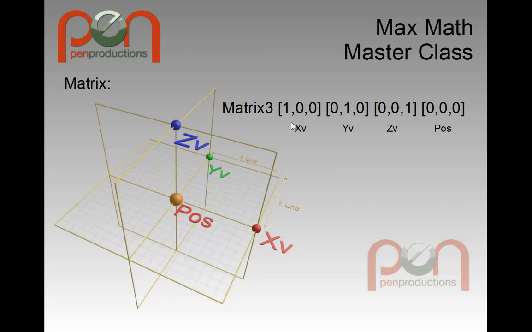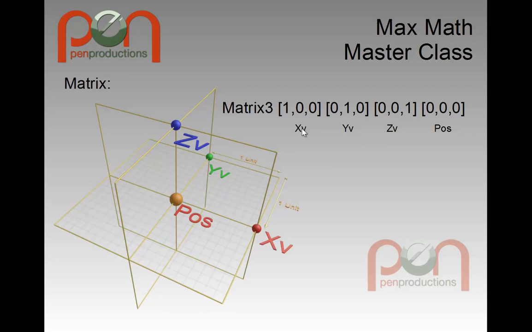It's got 4 components to it: X vector, Y vector, Z vector, and a position value. The one that's easy to understand is position. This is the position of the object, in world space, by the way. Again, this is always being returned in world space. So when we said $.transform.pos, it's this value here that's being returned and kicked out to us.